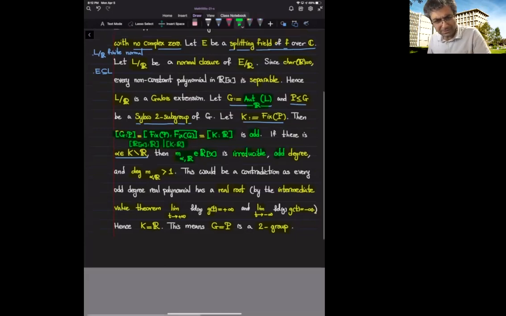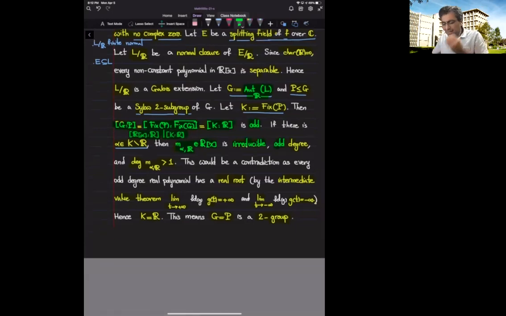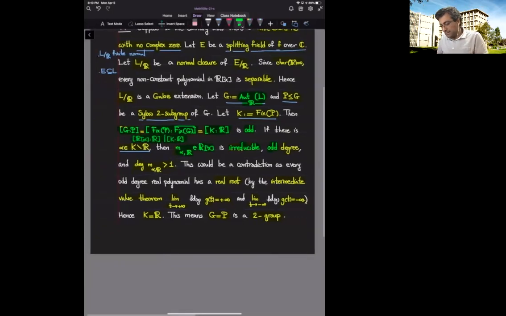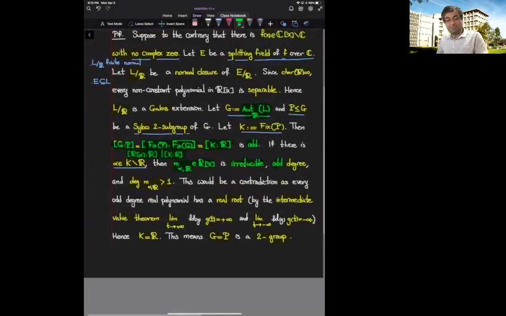Again, let's go over the argument, because every alpha that I give you inside this field extension, the degree of the minimal polynomial of alpha over the real numbers is the degree of the field extension R(alpha) over R, and that should divide the degree of K over R, which is an odd number. So that means I'm getting an irreducible polynomial over R[x] that has odd degree. And my claim is that that's not possible. Why is that the case?